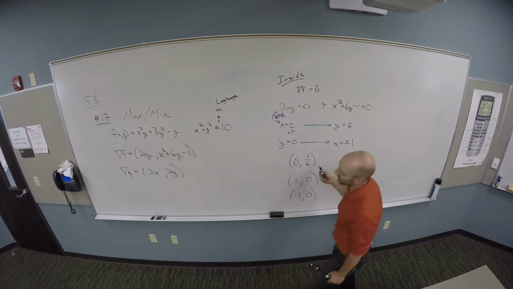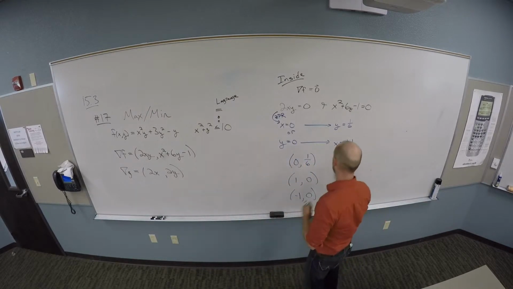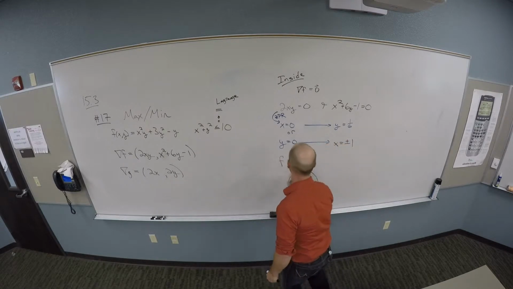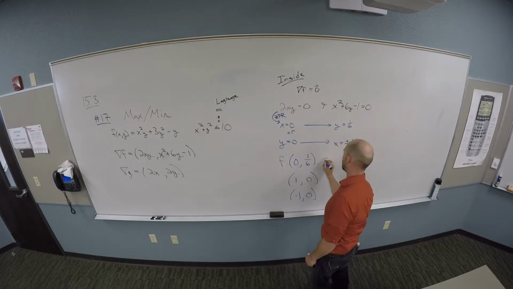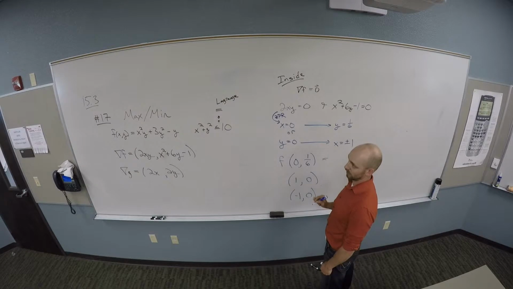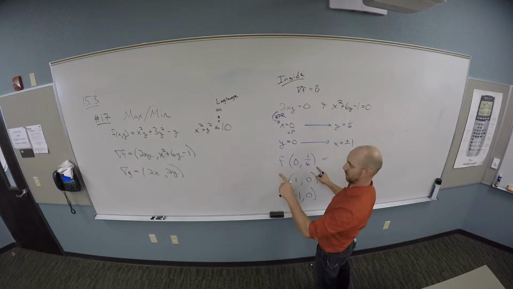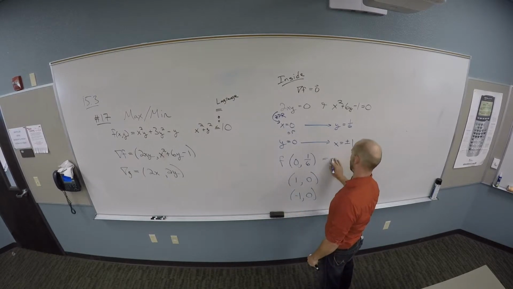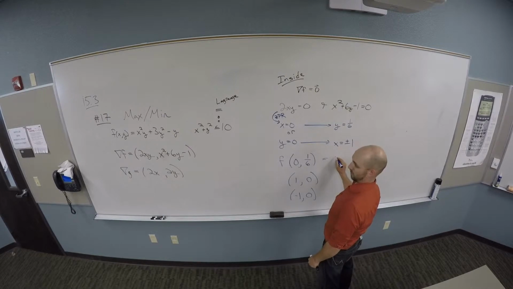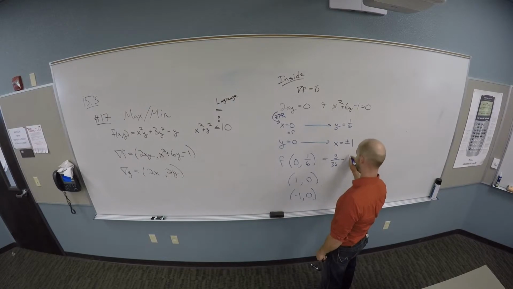So when I plug in f of 0 and 1/6, what do I get? 1/12 minus 1/6. It seems like I got 3/36 minus a 6th.